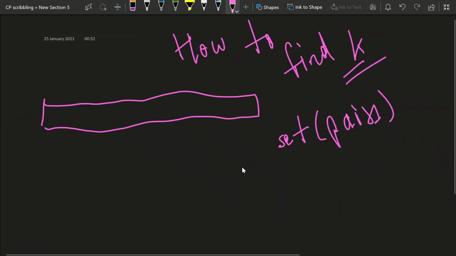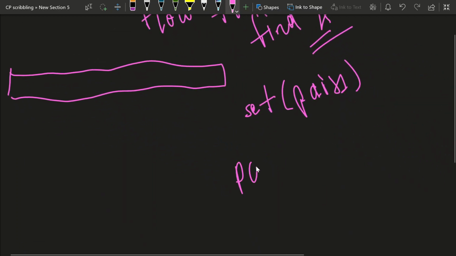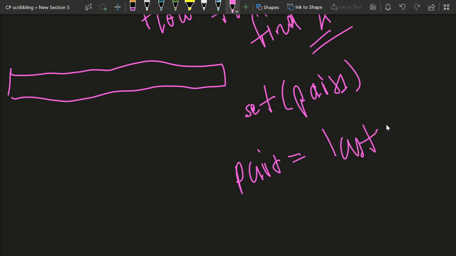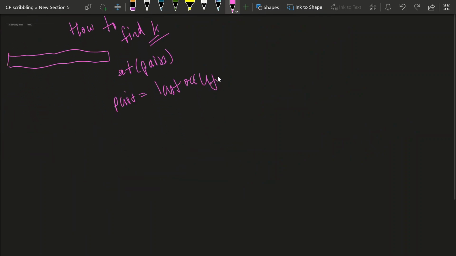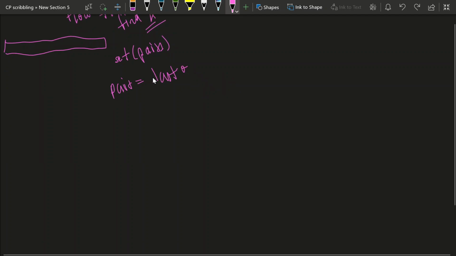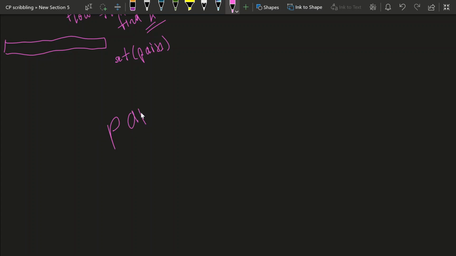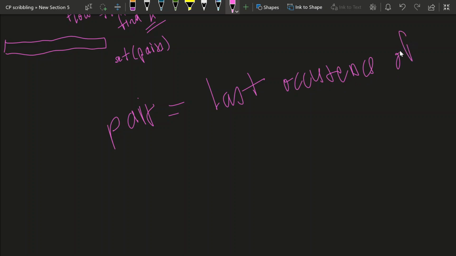A pair is simply this: pair equals last occurrence of x, comma x.